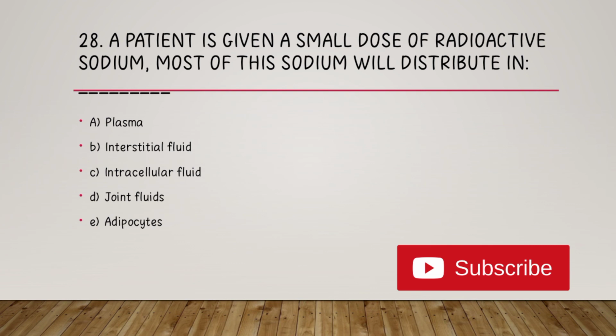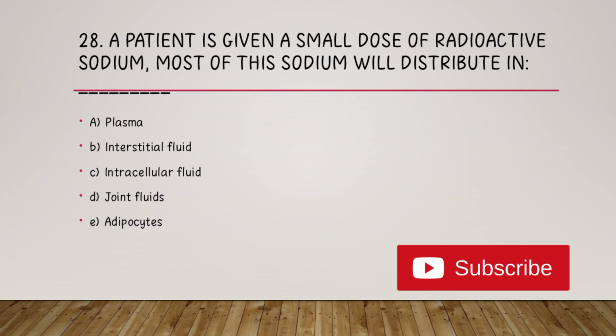Number 28. A patient is given a small dose of radioactive sodium. Most of this sodium would distribute in A, plasma, B, interstitial fluid, C, intracellular fluid, D, joint fluids, E, adipocytes. So what do you think is the answer? The right answer here is quite basic. If you could remember the table, where they give out the different measurements of the sodium, the potassium, and other ions in each compartment, you get the answer.